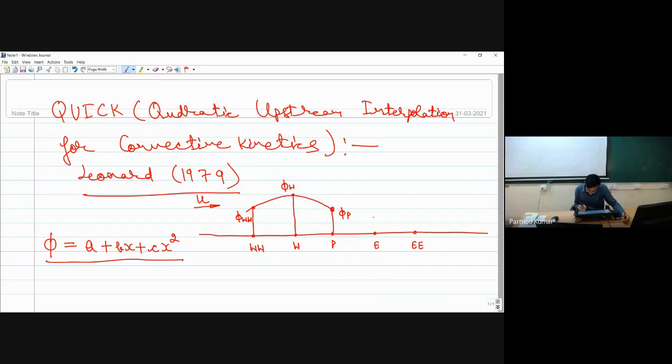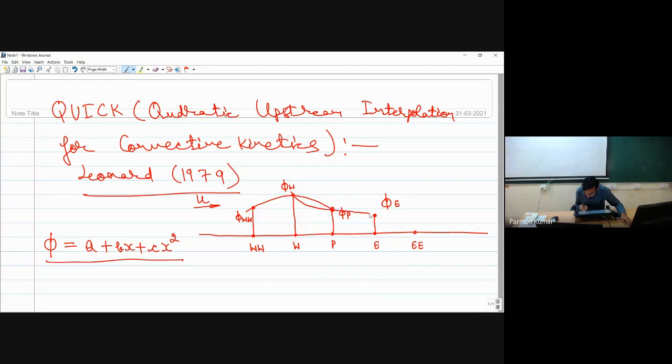Now let me consider that this point has the value phi E, the property at this point. If I now fit one more quadratic curve, it will have a nature something like this.